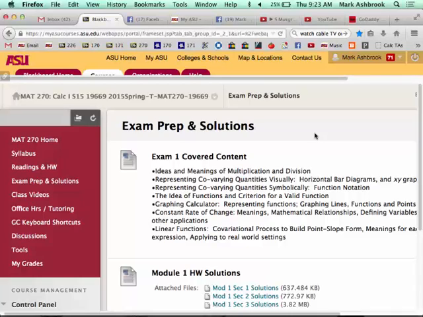Is it in this room? No, we're going to be in the testing center, PSA 21, at 6:30 p.m. Wednesday night. I'll review that on Tuesday. PSA 21 is at the corner of Palm Walk and Tyler Mall. It's like a minute away from here, in the same building where your recitation is, just down.